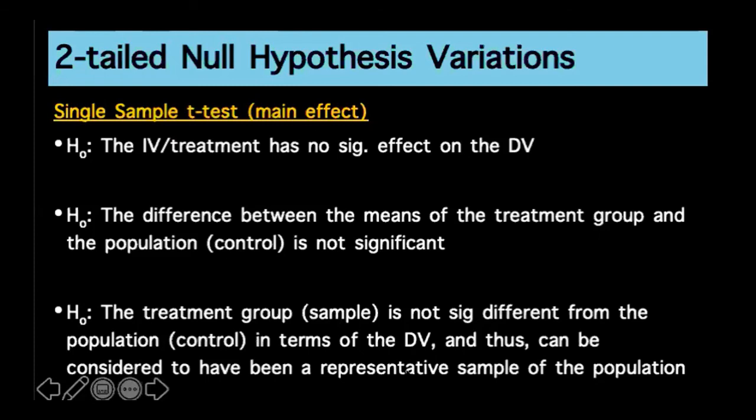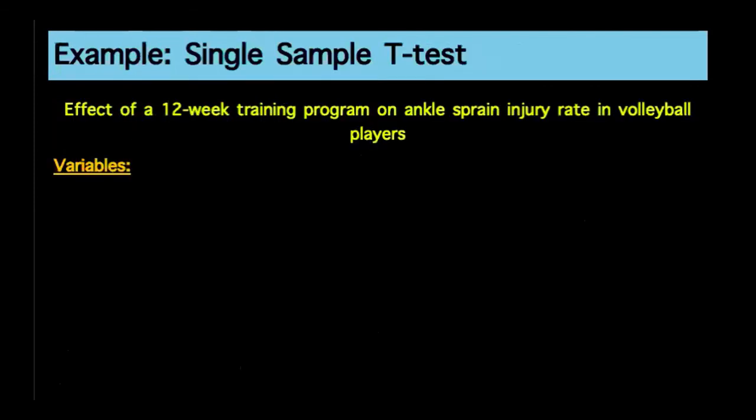So these are different null hypotheses that you could use for a single sample t-test. Let's go through an example. Let's say we're looking at the effect of a 12-week training program on ankle sprain injury rates in volleyball players.